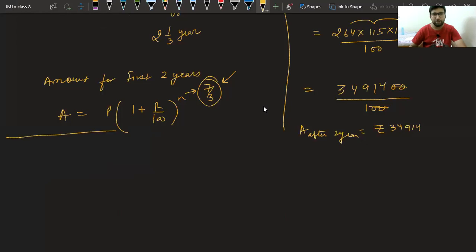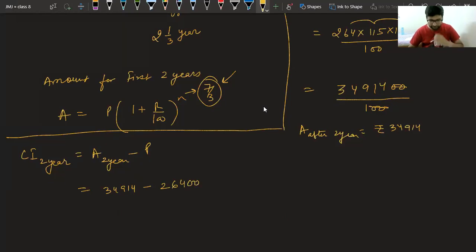Can you tell me what is the compound interest till this time? Class, if the amount is this much, what is the compound interest for 2 years? It will be given by the amount for 2 years minus the principal, that is 34,914 minus 26,400. Please tell me what will come if you subtract these two.